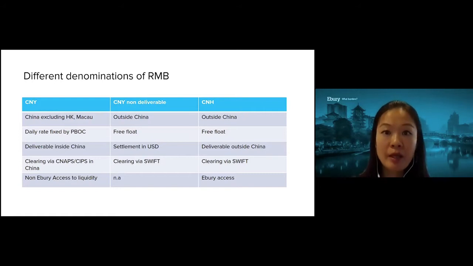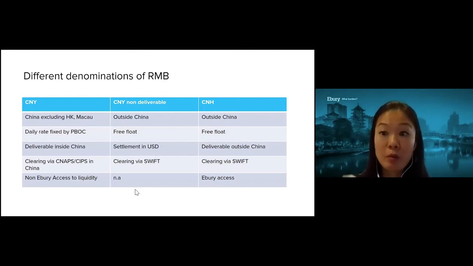And every day, how the CNY fluctuates in China cannot go beyond the range that the PBOC, the Central Bank of China, has set. So this is deliverable inside China, and it can be only cleared through CNAPS or CIPS, which is like the cross-border RMB settlement system.